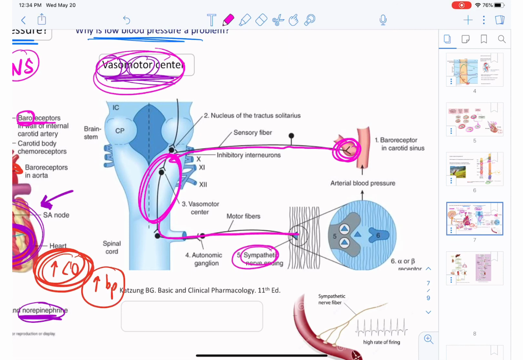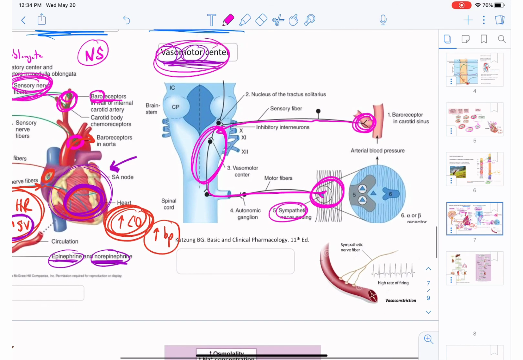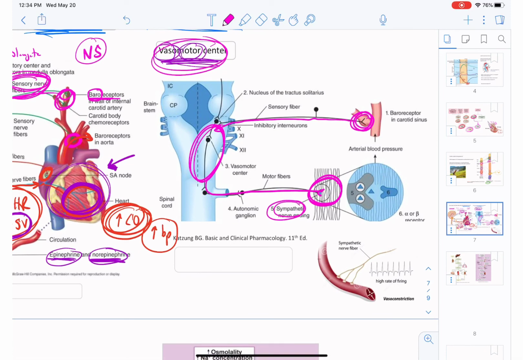But now, the sympathetic nervous system is going to innervate a different effector organ. It's going to innervate the smooth muscle in the blood vessel walls. And what is it going to cause that smooth muscle to do? It's going to cause it to contract. And when the smooth muscle in blood vessels contracts, that causes vasoconstriction.